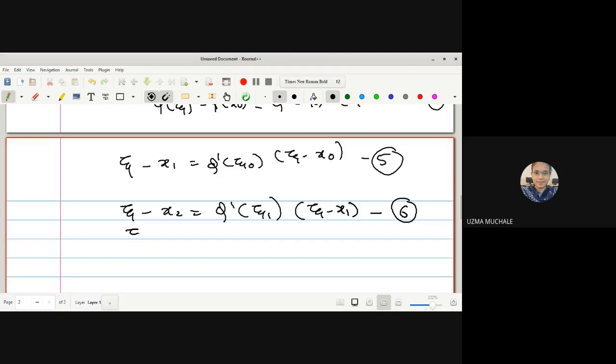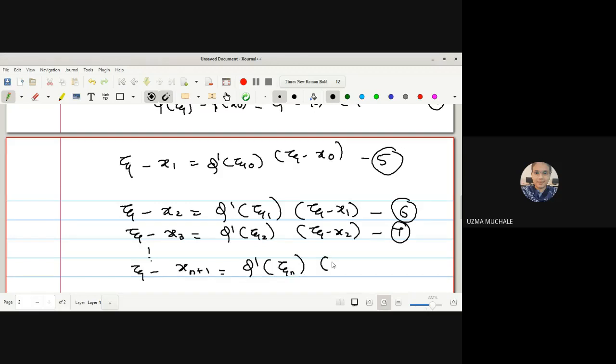Similarly, we can write the next one: zeta minus x3 is equal to phi dash of zeta 2 into zeta minus x2. This is equation 7, and so on. We can write up to zeta minus xn plus 1 is equal to phi dash of zeta n into zeta minus xn.